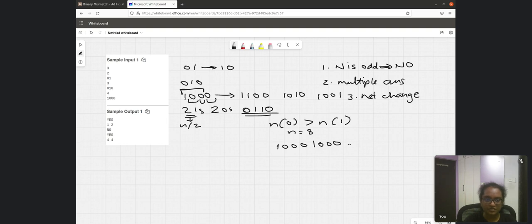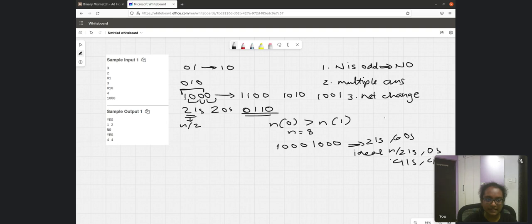So this has two 1s and six zeros. Our ideal case would have n by 2 ones and zeros, which is 8 by 2, which is four 1s and four 0s.